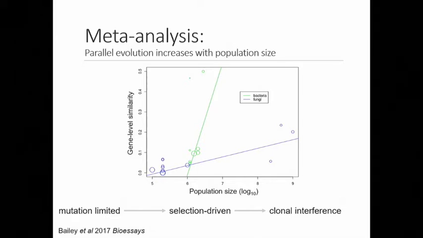It's been suggested that clonal interference can drive repeatability of evolution because you have a higher chance of that best mutation winning out in those populations over time. So what we think we're seeing is this shift here across those population sizes.